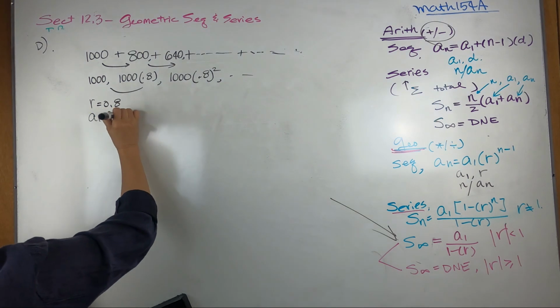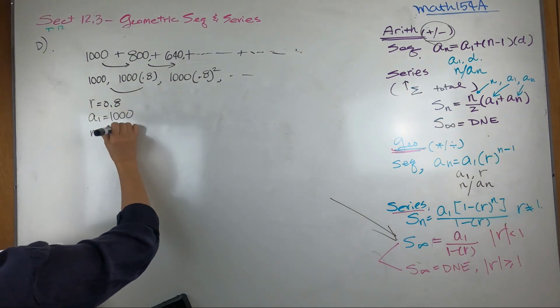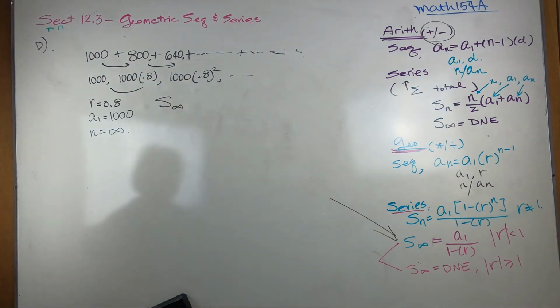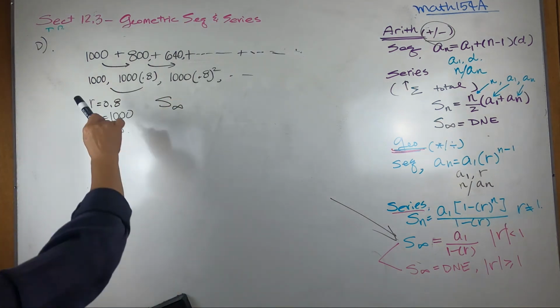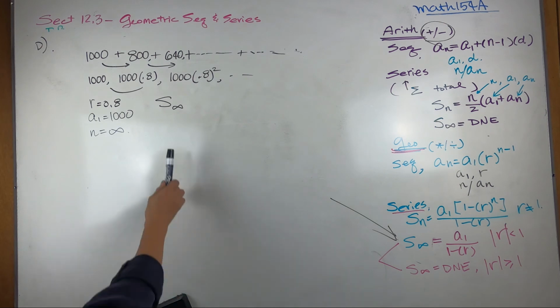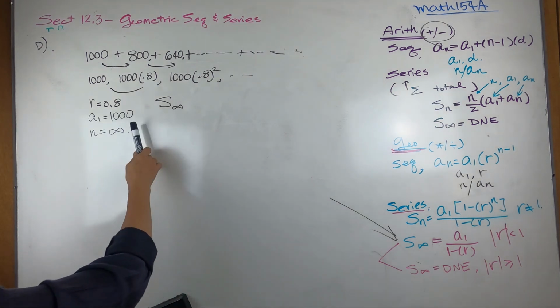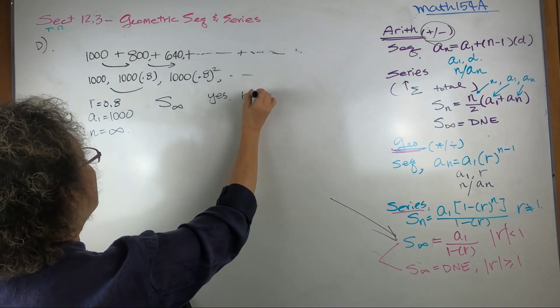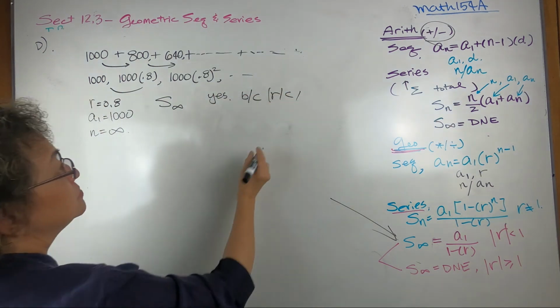A1 is 1,000, then N is infinite. We want to find S infinity. Can we find this? This is a geometric sequence, but we want to find the infinite series. Can we find it? Yes, because R is less than 1.